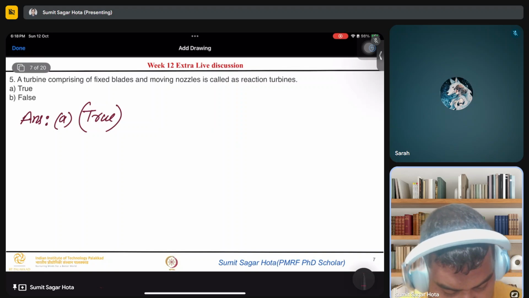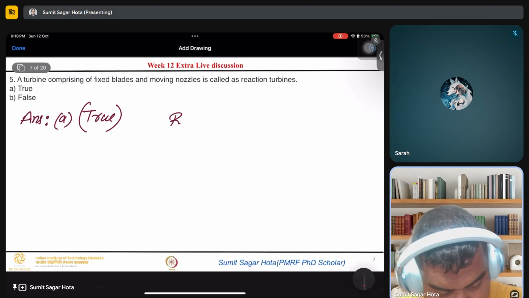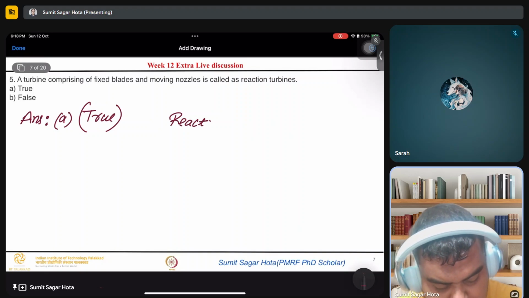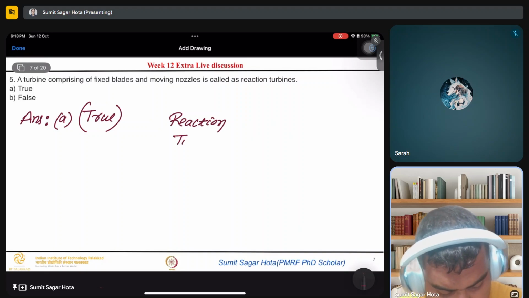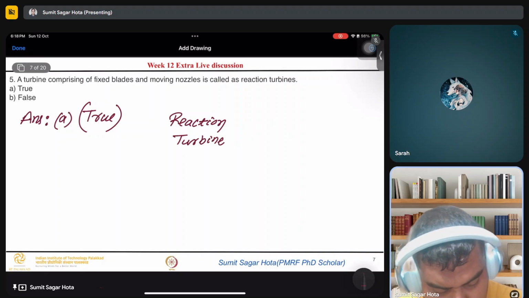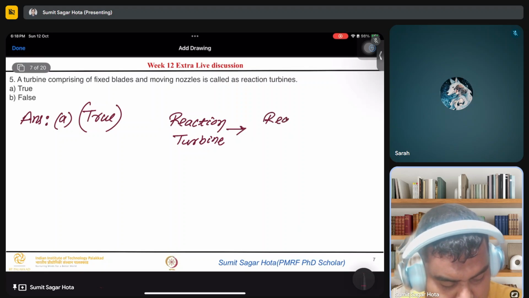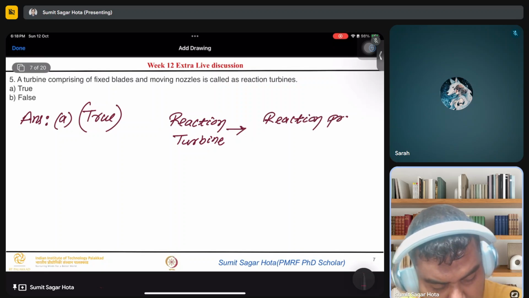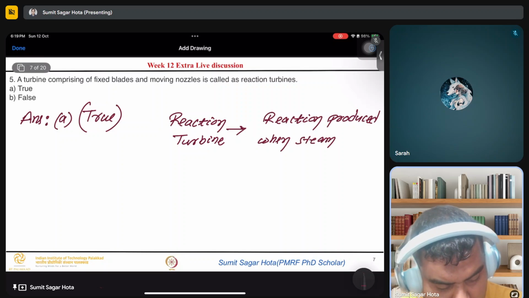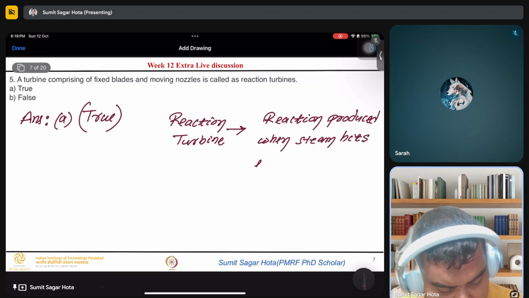So what does this reaction turbine mean? The reaction turbine means the reaction produced when steam hits the turbine.